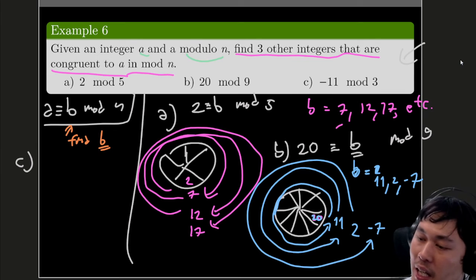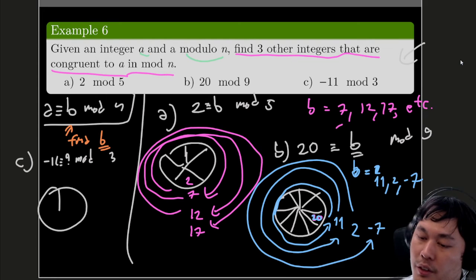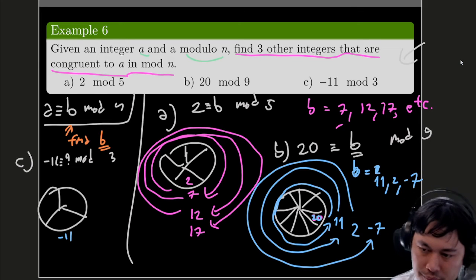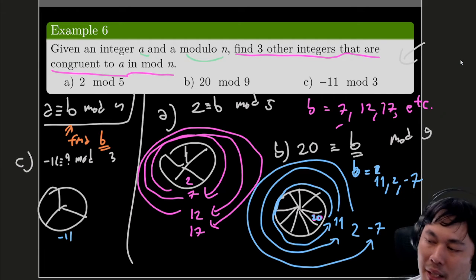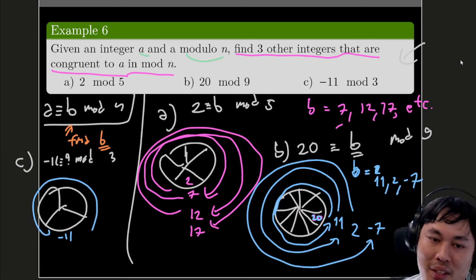And lastly, we have minus 11 mod 3. So minus 11 is congruent to what, mod 3? For mod 3, there are only 3 sections. Let's say you are at minus 11. The negative number is more difficult to deal with, but if you take some time, you can do it.